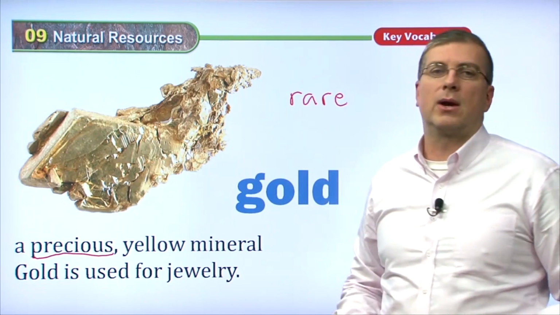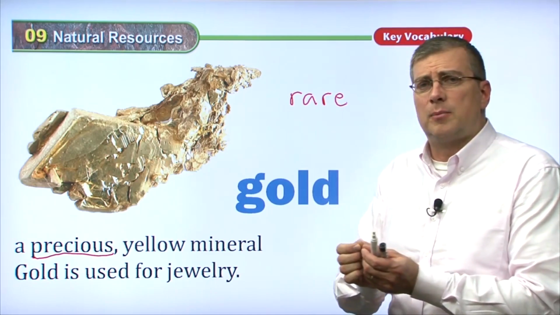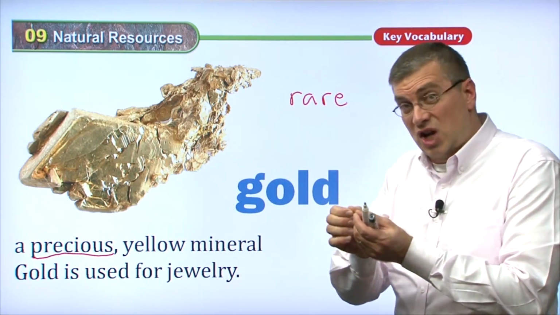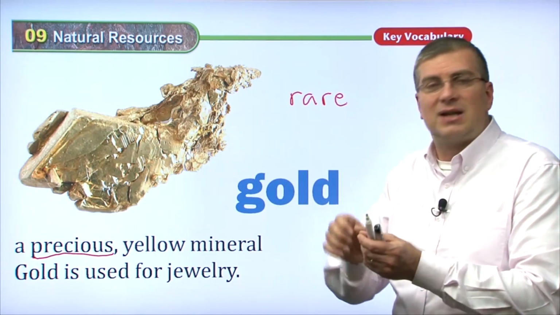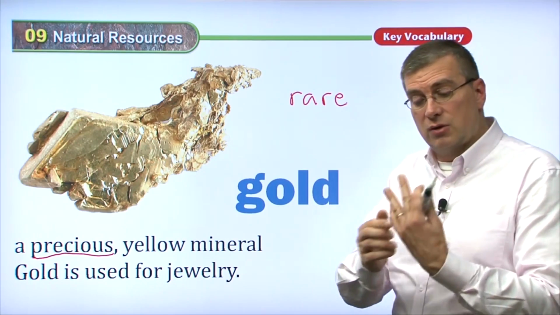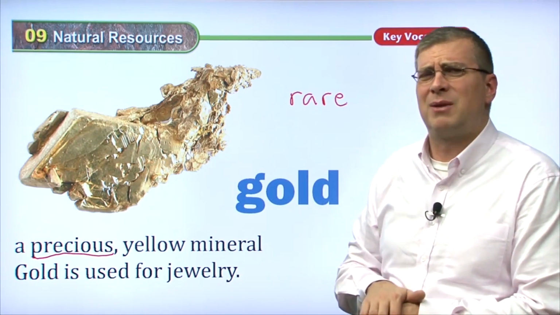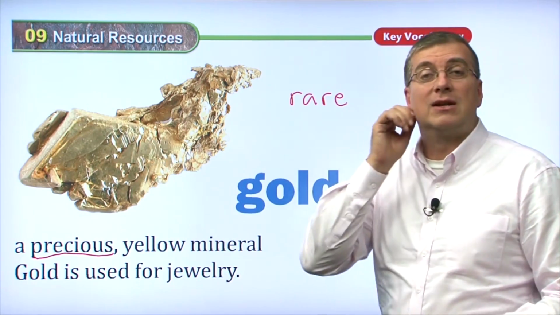And one more reason why gold is precious is because gold is soft. People who work with gold can easily change its shape. It's very easy to work with. So it's soft and it doesn't shatter. You can make it into a ring. Of course, I have a silver ring. I don't have a gold ring. I don't have that much money maybe. But anyway, gold can be made into rings, into earrings.